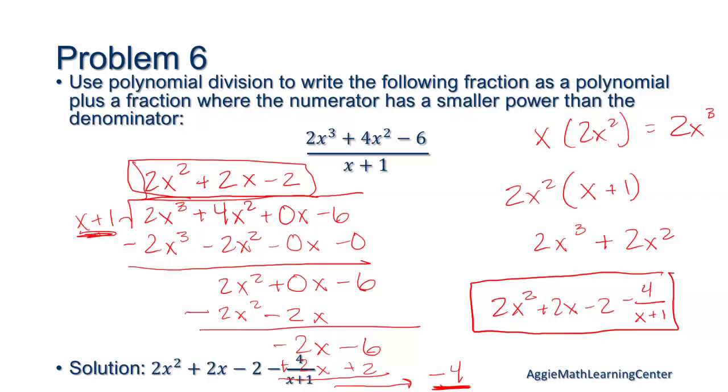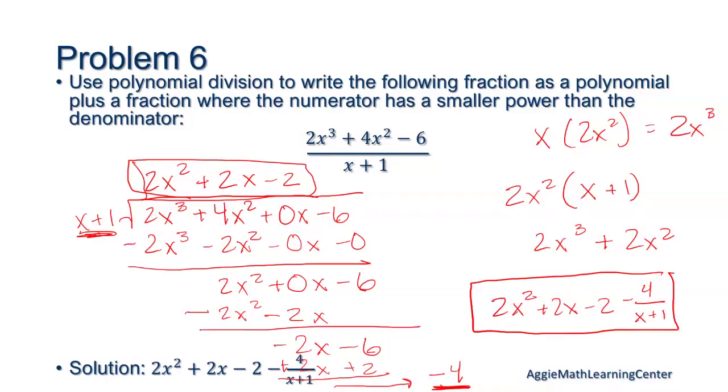I know when Janet teaches this, she likes moving things over. So you have the 2x squared above the 4x squared. And since there's nothing in front of the x cubed, you have to get rid of everything in the x cubed spot. So then you can move your process over and solve down by where your x squared was. When you're multiplying by your 2x squared, that's how many times it goes into your 2x cubed, but you still have your 2x cubed that you started with, so you have to get rid of that to know, okay, now I'm in my x squared spot.